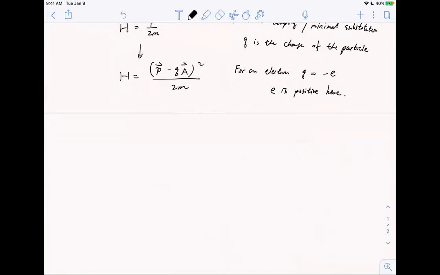So let's consider the Landau gauge. Okay, Landau gauge.